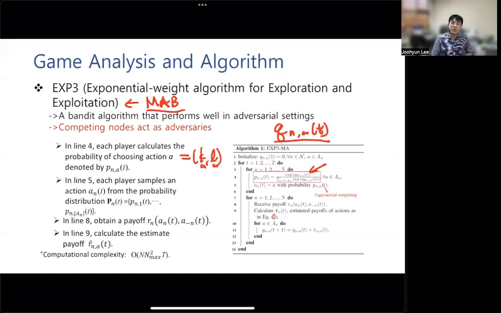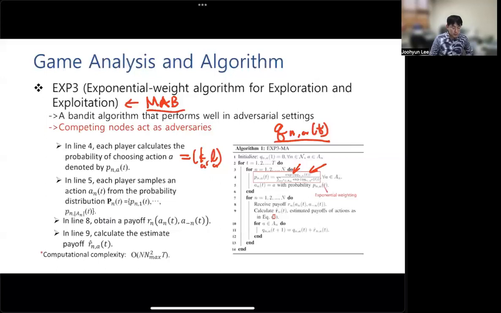As you have higher Q, the probability assigned to this action gets exponentially higher. And this parameter eta defines how we assign the probability to higher Q, so it determines the degree of that allocation. As you have larger eta, this probability concentrates more on the higher Q.